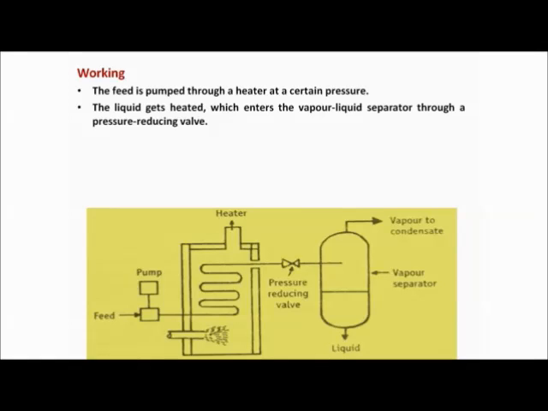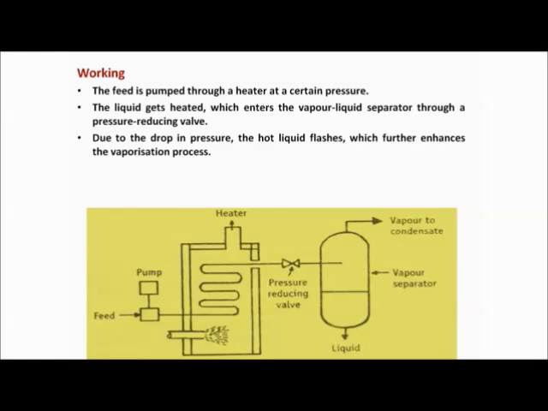How will it enter? The liquid will pass through a pressure reducing valve which is situated here. This pressure reducing valve will reduce the pressure. Earlier it may be at a very high pressure, but gradually it comes into a region of very low pressure, right? So when it transfers from a region of higher pressure to a region of lower pressure, the liquid gets heated, right?